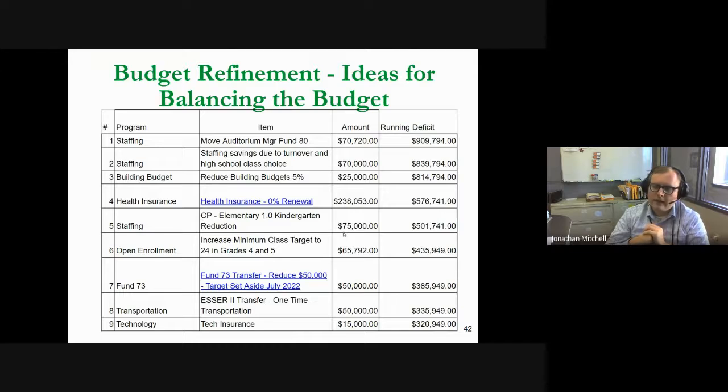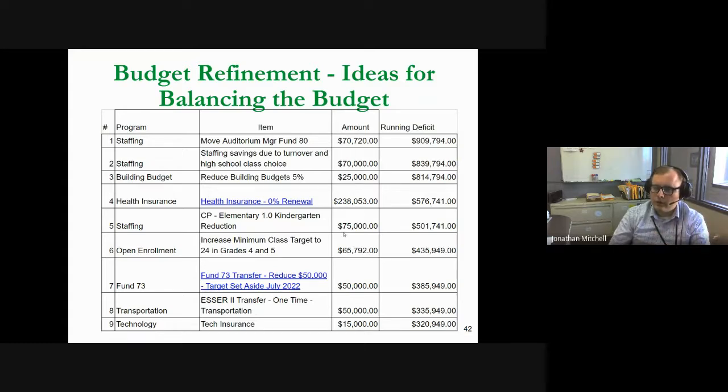And then technology, looking at the costs for technology insurance for student devices, and providing the option for families to purchase insurance in lieu of the district covering a portion of those repair costs.